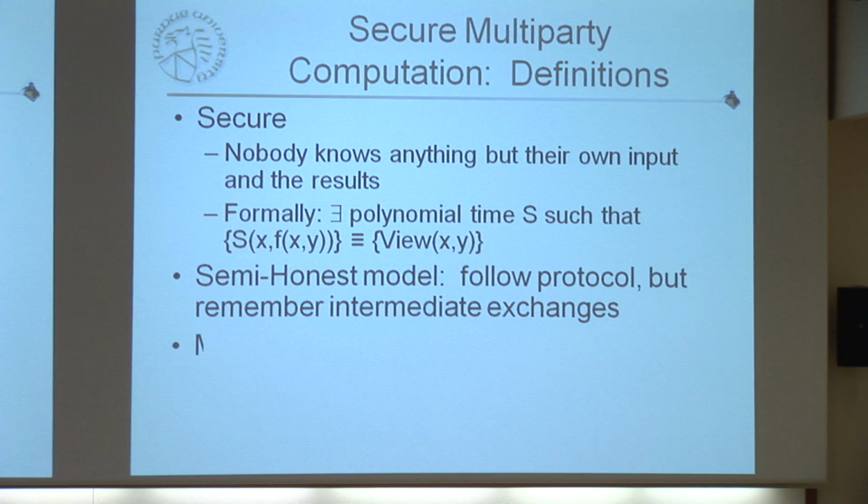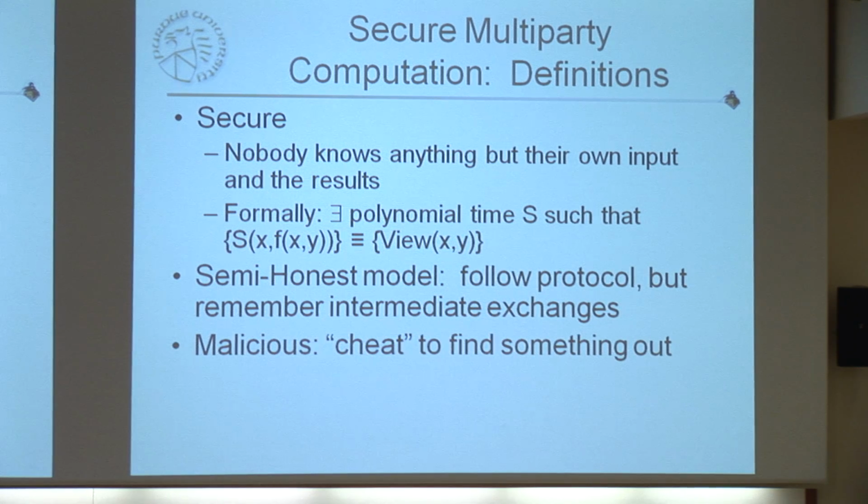OK, so what does security in this mean? Well, the idea is nobody sees anything but their own input and the results. That's what you would like to have. Unfortunately, you're going to share more information in order to compute the result.